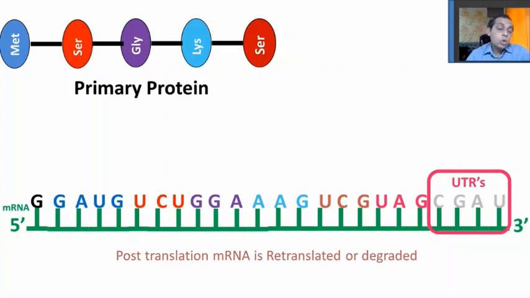So what you notice from the entire process is that the mRNA functions to carry the specific message from the DNA to the ribosome during protein synthesis. And what is the function of tRNA here? The tRNAs are responsible for bringing specific amino acids from the amino acid pool to the ribosome during protein synthesis.